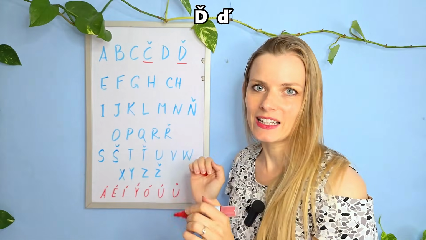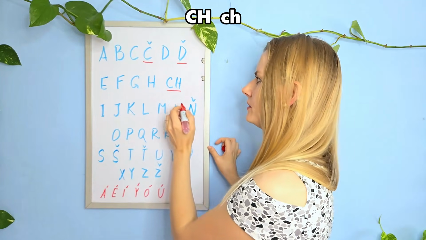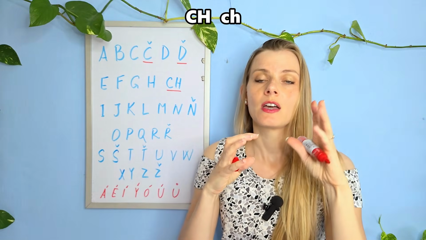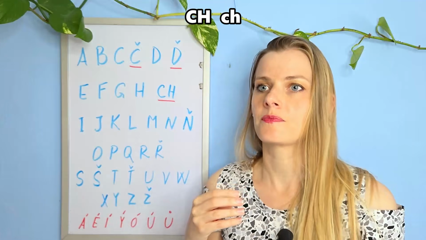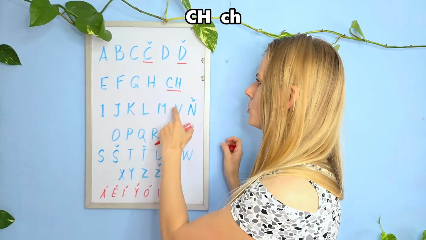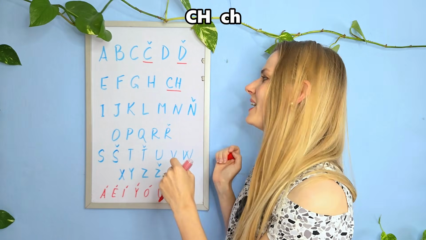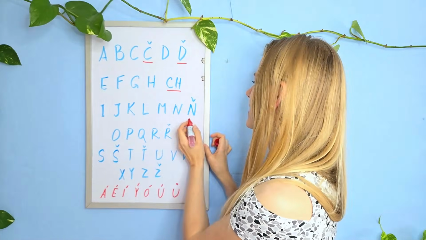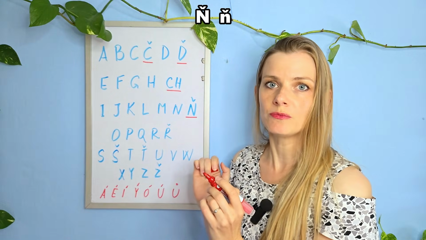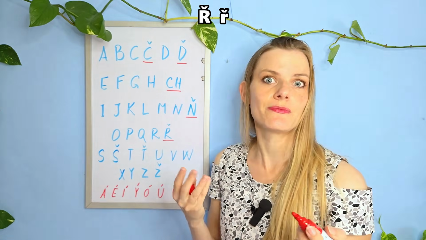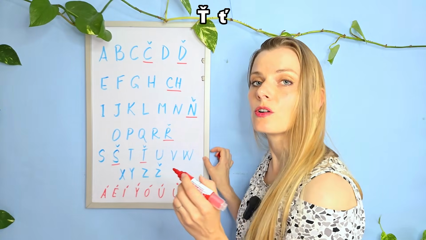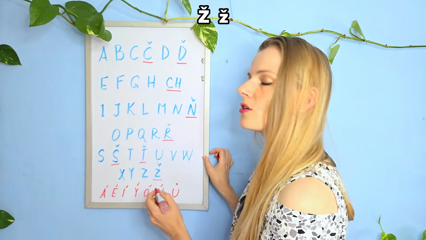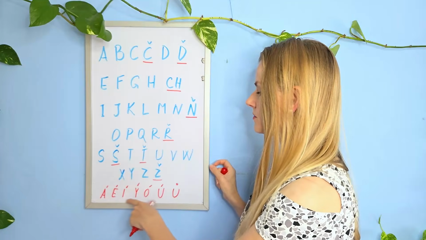This is a combination of two letters, C and H, but it's always pronounced as one sound, like a soft H. Then we have Ň, Ř, Š, Ž. And all these red ones at the bottom are also not part of the English alphabet.